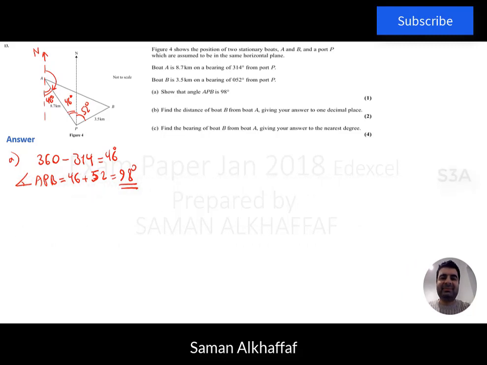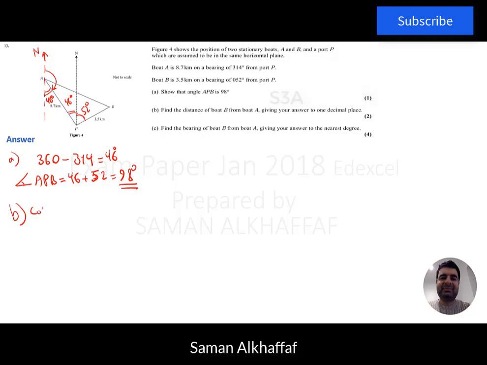For part B, we need to find the distance of boat B from boat A, giving the answer to one decimal place. So we start in this scenario, since we have two lengths and the angle that we found, we can use the cosine rule.